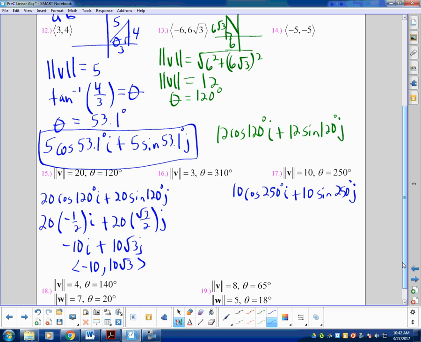So I'll need a little bit of calculator help. What's cosine of 250 degrees according to the calculator? Negative 0.342. Okay. Actually, to the nearest thousandth is perfect. That's in the I direction, plus 10 times, what's sine of 250?